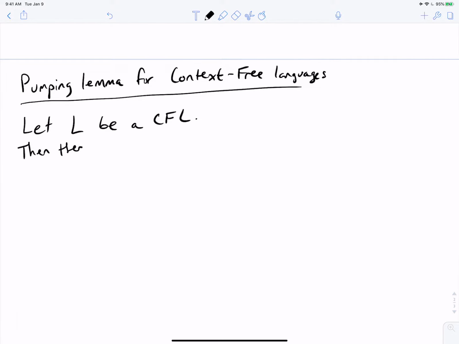Then there is a pumpkin constant, I should start calling that from now on, pumpkin constant P for L.